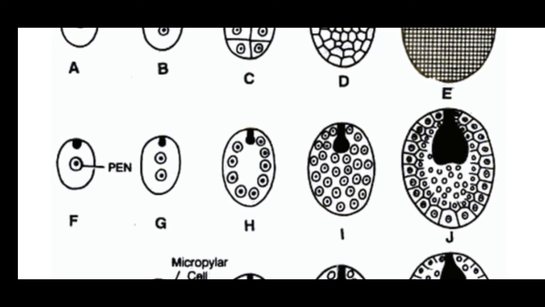And in that there will be a large number of nuclei suspended. And you can definitely see that the embryo is still there, developing and growing right there. This particular form of endosperm development is known as nuclear type endosperm development. I'll give you a very famous example of it later on, so I'm not saying any example at the moment.